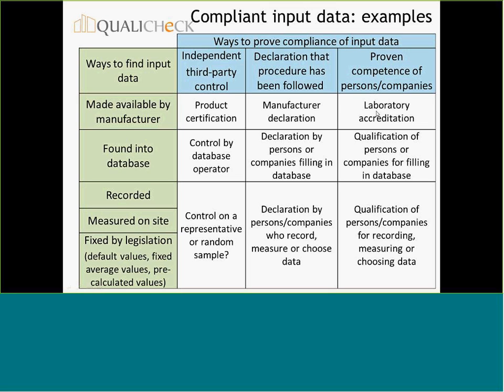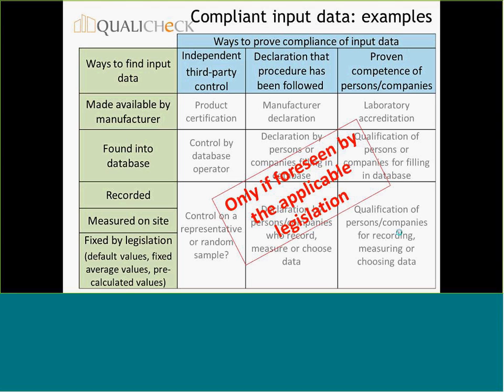For data measured on site, for example, the airtightness of the building, the national legislation can ask for a measurement operated by a qualified person or company. Of course, all these examples can be used only if the applicable legislation forces it or makes it possible.